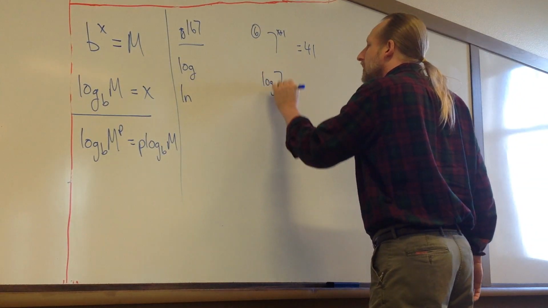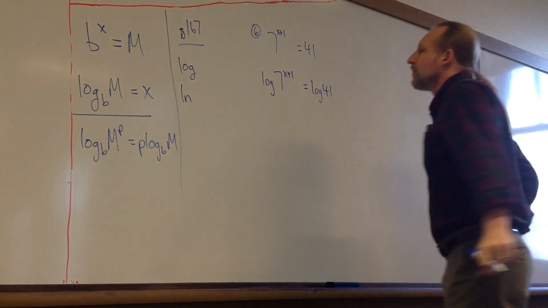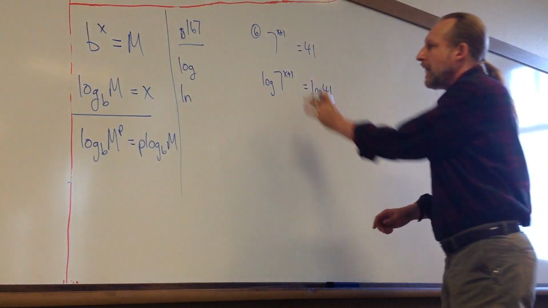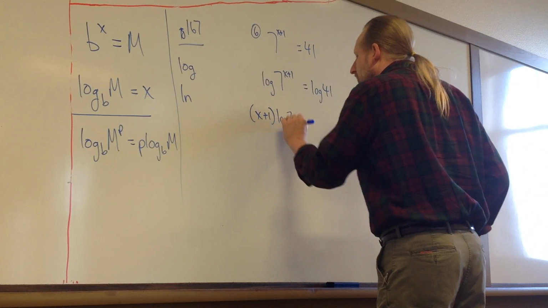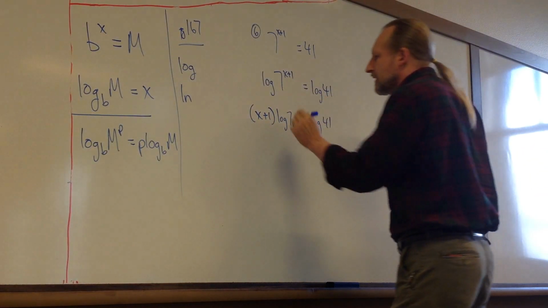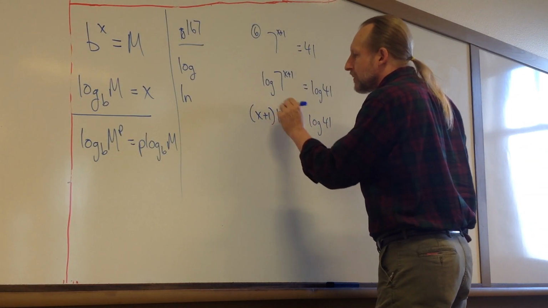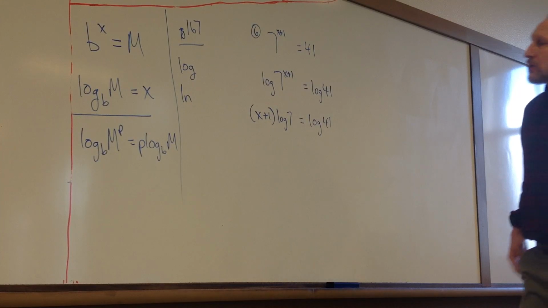We'll say log of 7 to the x plus 1 equals the log of 41. So now this whole exponent comes down in front as a coefficient. And notice I put it in parentheses because we're going to have to distribute that log 7 into the parentheses. Okay? So I'll do that.